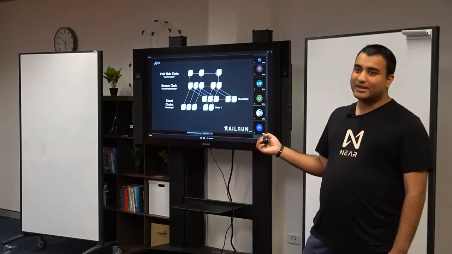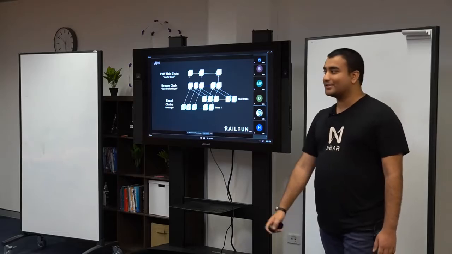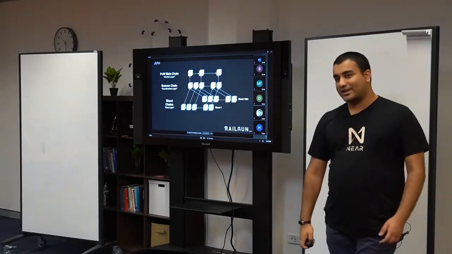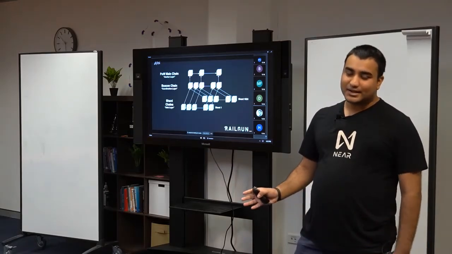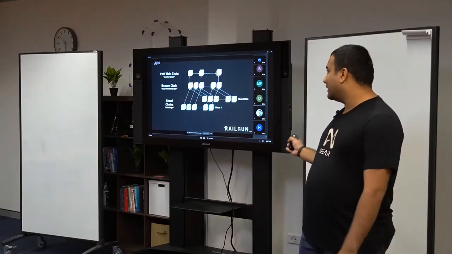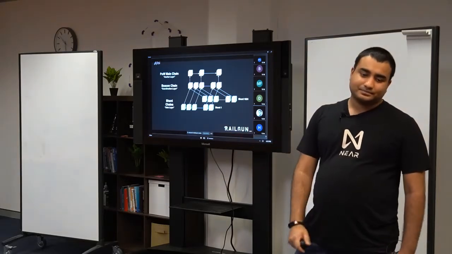This was scheduled to be midway through the year. It's been delayed. But shard chains. Shard chains are where we start to actually have things other than just plain consensus. So we've got a data layer. This is where we store state.